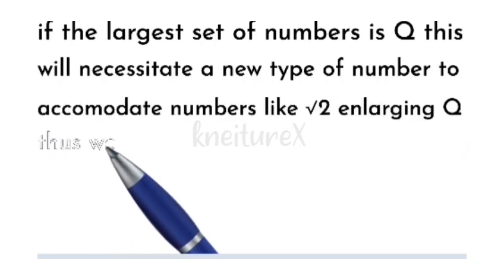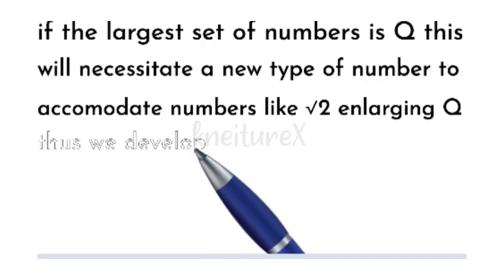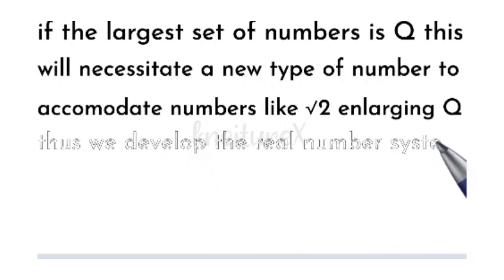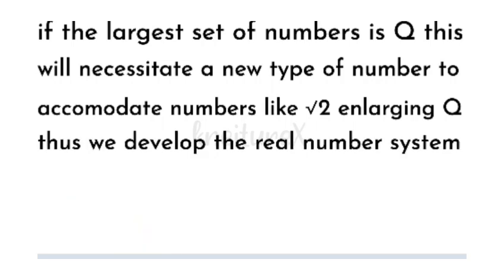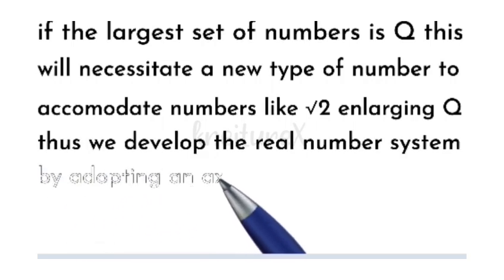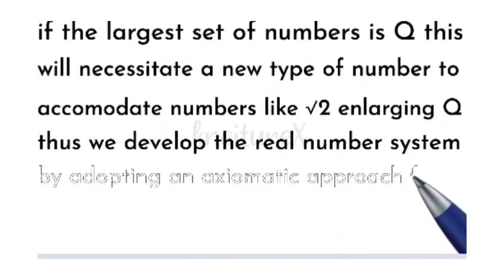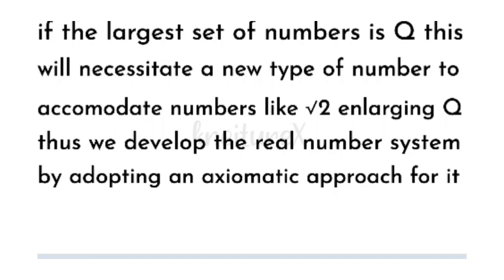You know what surds are. So this real number system will be able to accommodate them. And to develop this real number system, like I said, we will need some axioms. These axioms will propagate and develop the real number system and its properties, which will accommodate those given numbers. So let's look at the axioms and properties of a field.